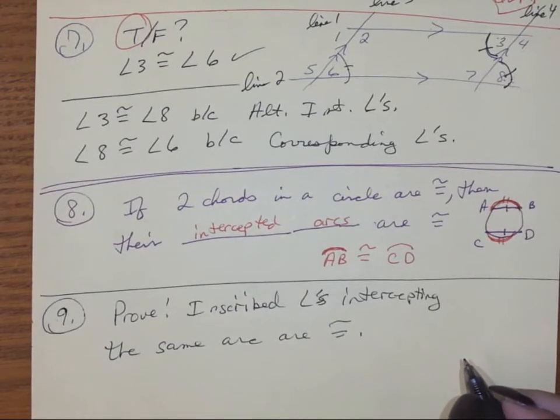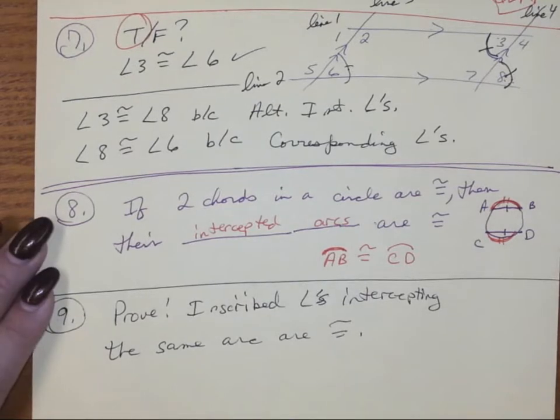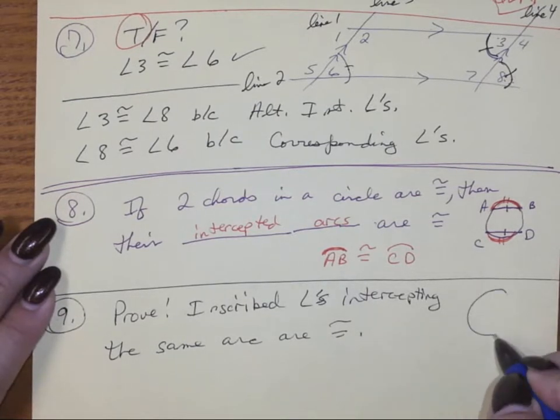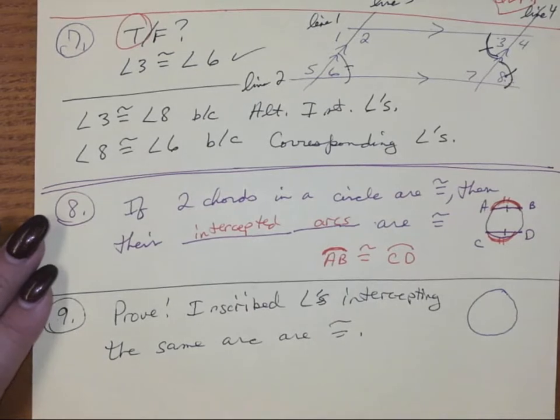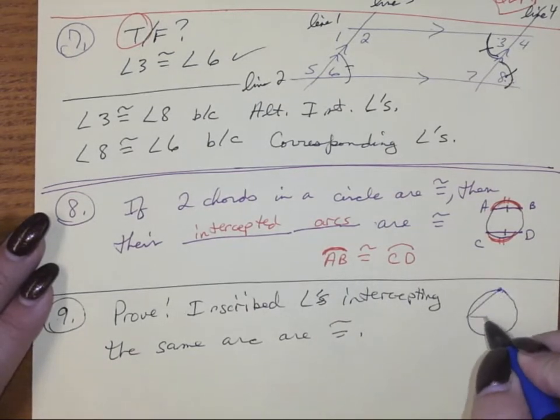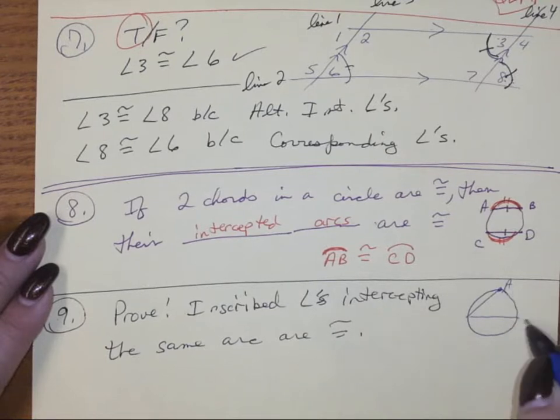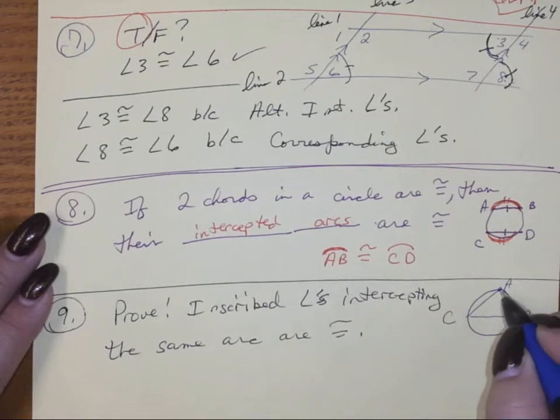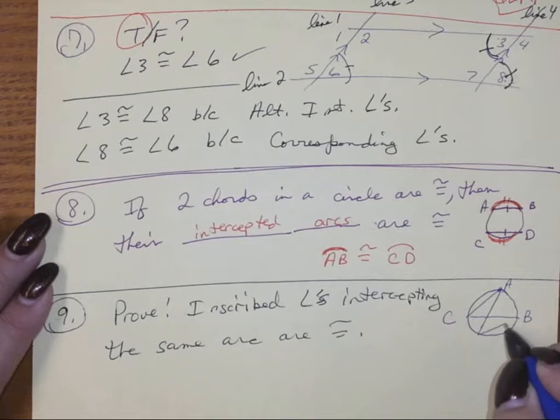All right, so again, this is going to be another proof. You need to decide which way you're going to do it. Are you going to use 2-column proofs or what? I'm just copying over the picture that's given.